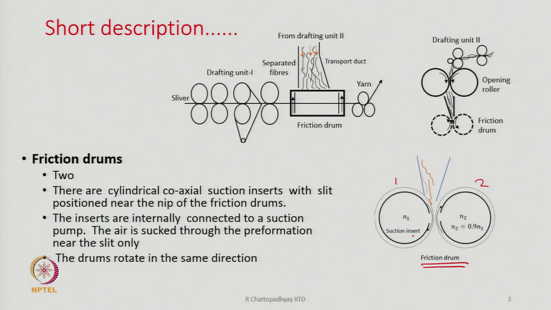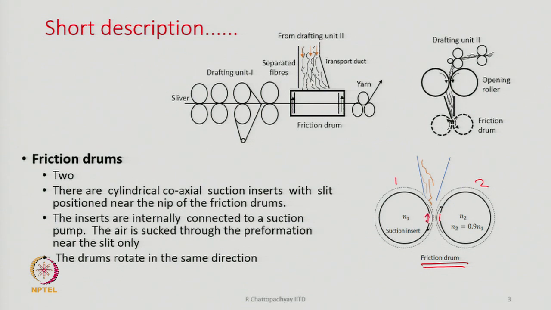This circle that you see, which is partially open over here, is an insert inside the drum. On both sides of the drum we have two suction inserts, and these inserts are connected to a suction pump. So, we draw air, and the openings are only in this zone and in this zone.